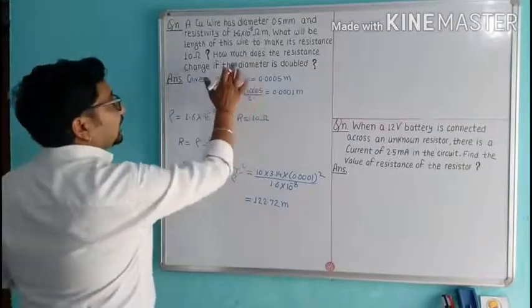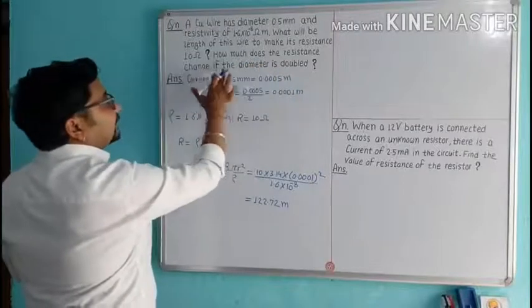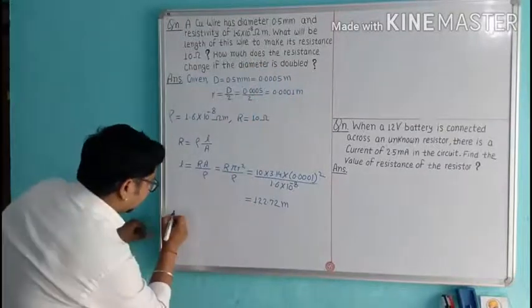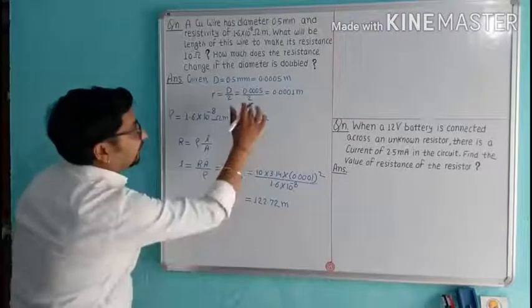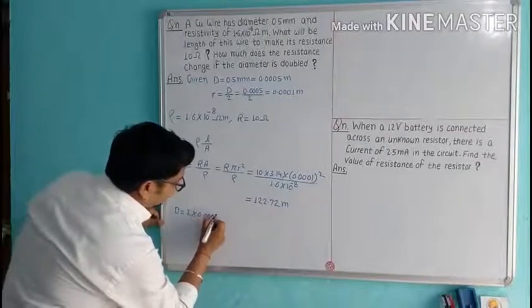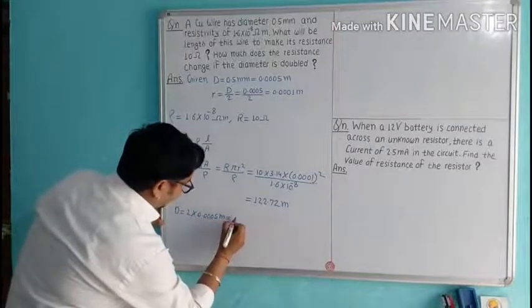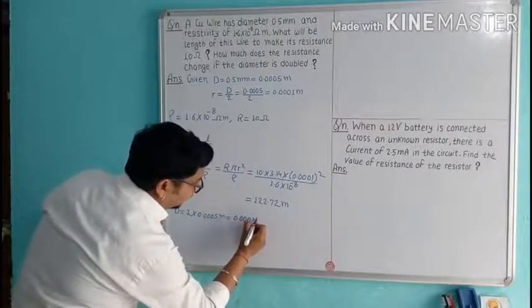Again, second part. How much does the resistance change if the diameter is doubled? If diameter gets double of its initial value, that is 0.0005 meter, it will be 0.0001 meter.